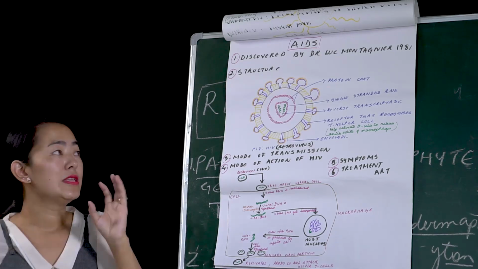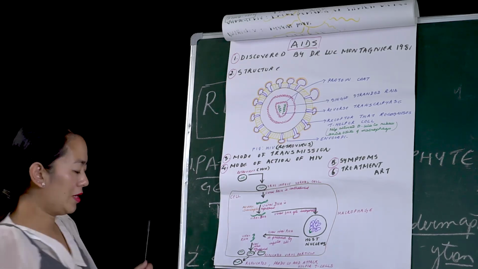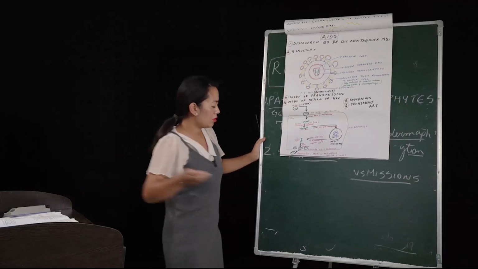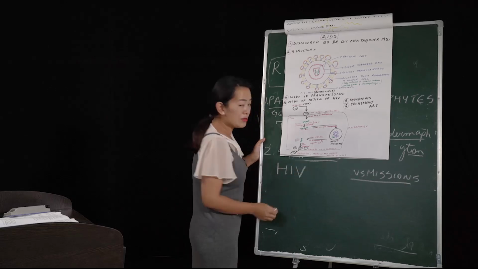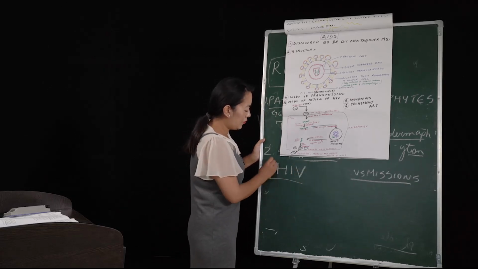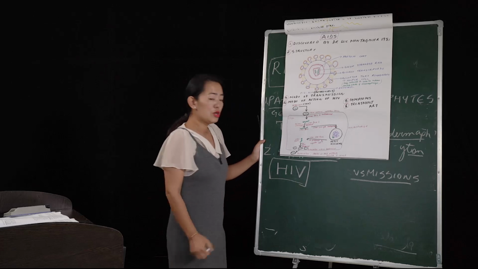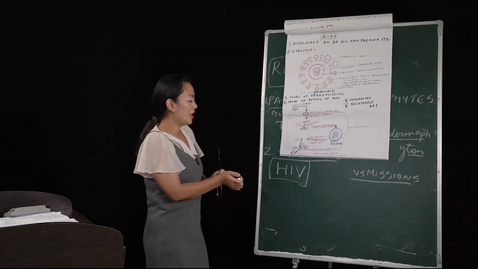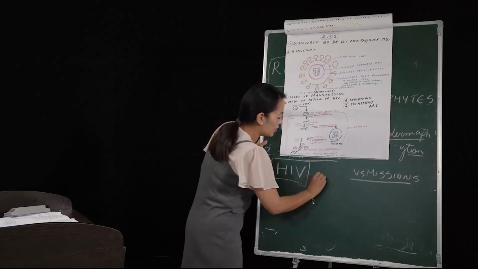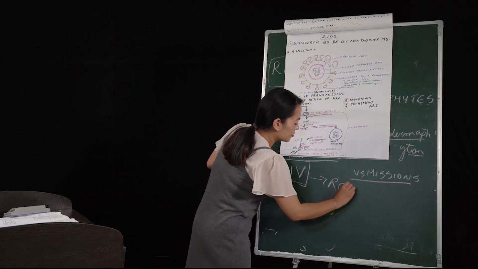What is it called? That is HIV. Always remember that. What causes AIDS? It is caused by a virus called HIV. What is the full form of HIV? Human immunodeficiency virus. Remember that. HIV is also called a retrovirus.